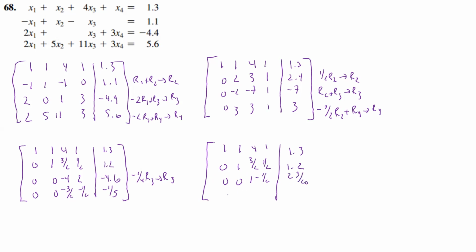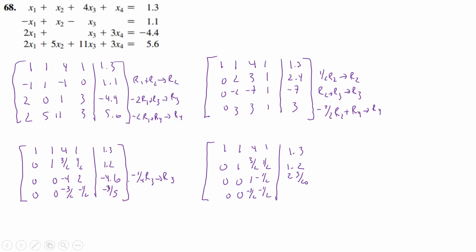And then we have a 0, a minus 3/2, minus 1/2, and minus, wait a minute, is that right? Minus 3/2, so that's going to be minus 21/2, and that's going to be 6. This should be 3/5, I think.